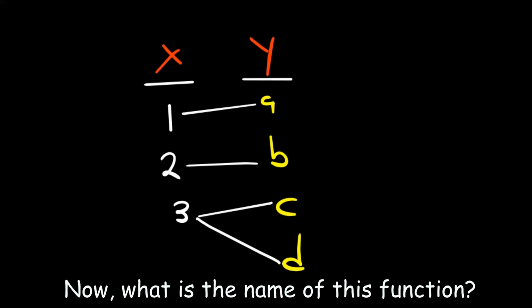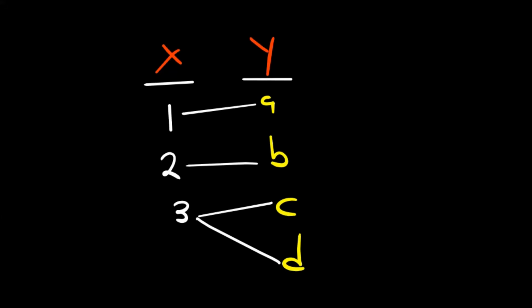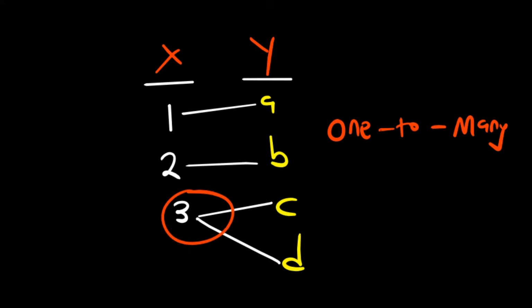Now, what is the name of this? This is going to be called a one-to-many. One-to-many, for the sole purpose that one x value is giving you too many outputs. That's why we're calling it one-to-many.